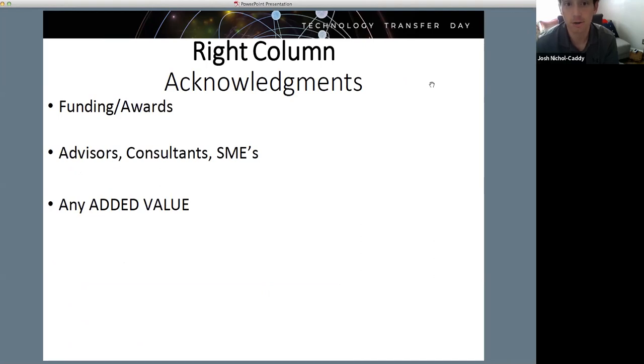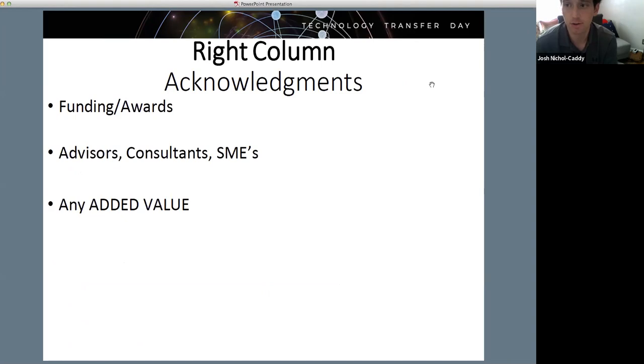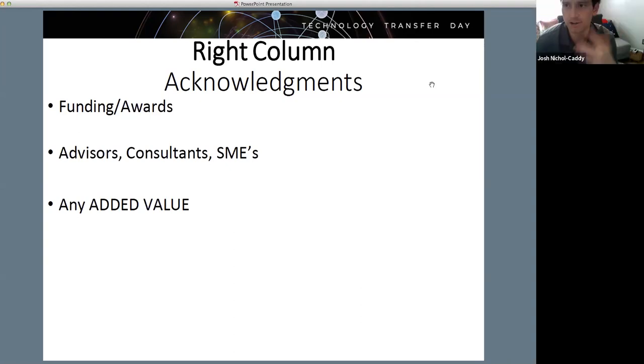Okay. So then in the right column, thanks, Rue. In the right column with acknowledgements, you have past funding or awards. You have advisors, consultants, or subject matter expertise. And then you have any added value, any other certifications or claims that you can make that would, again, bolster your case.